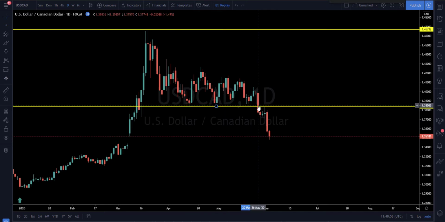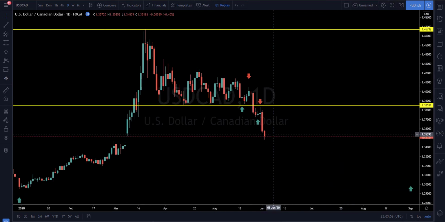Our support has been broken here. And then we have a pullback, and then we have a strong run down. So what we may say here is that we have sort of a change of trend. We got lower highs, and this was our low, and here we have a first lower low, or around this area.